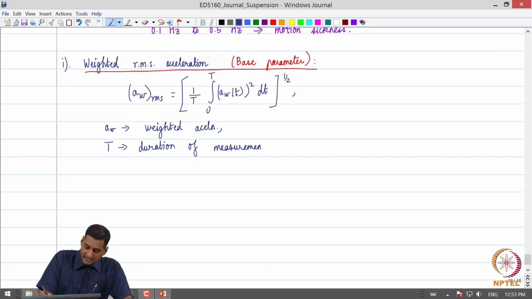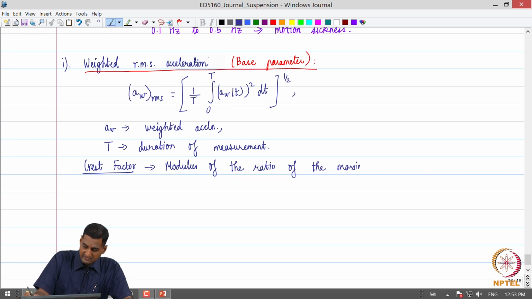Okay. And in this regard, there is an important parameter which is called crest factor. What is this crest factor? It is the modulus of the ratio of the maximum instantaneous AW to its RMS value, what we have calculated above. Okay.